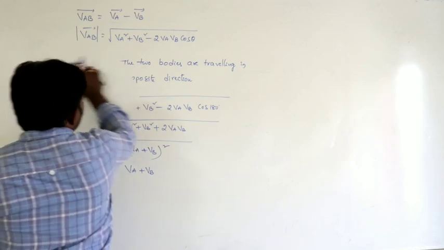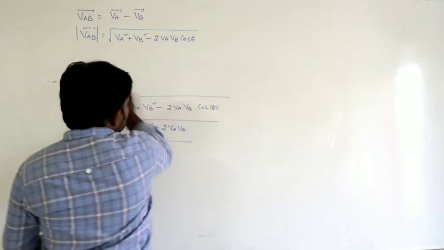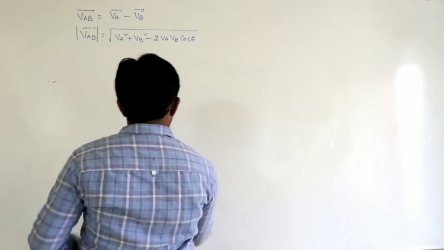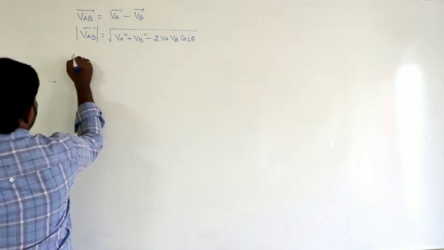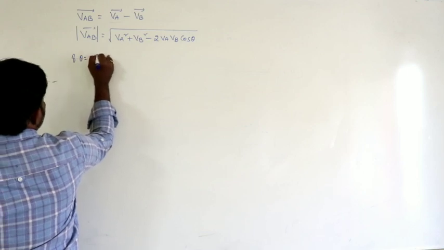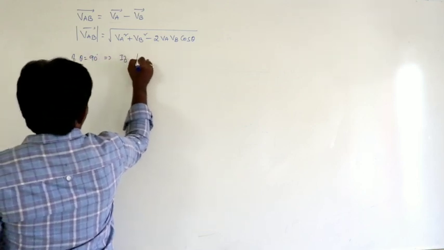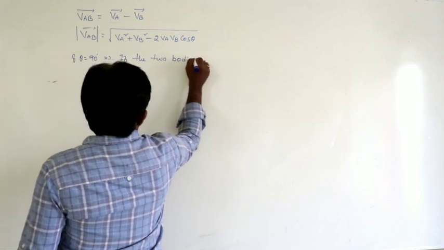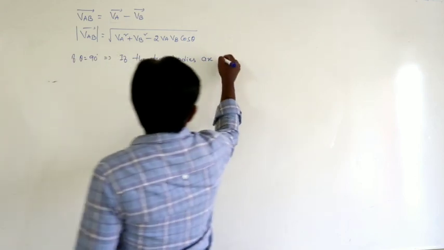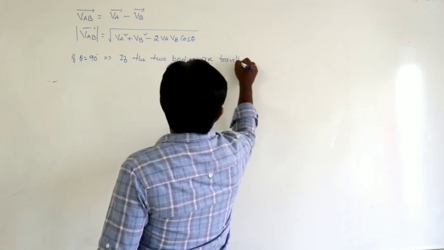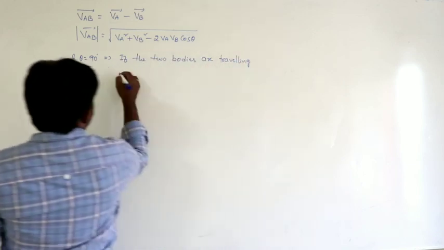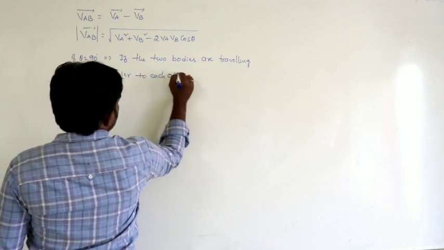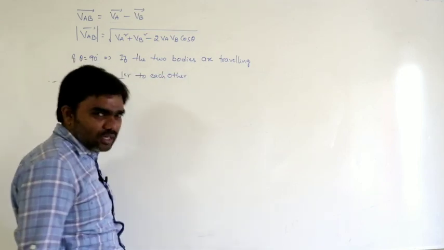Next, if theta equals 90 degrees, that means the two bodies are traveling perpendicular to each other, normal to each other or orthogonally.